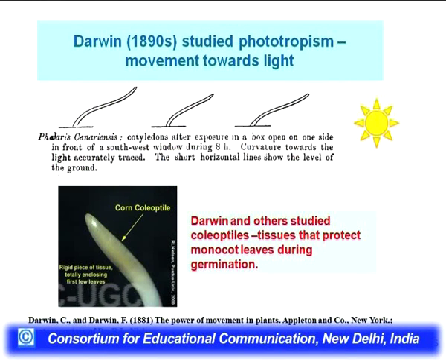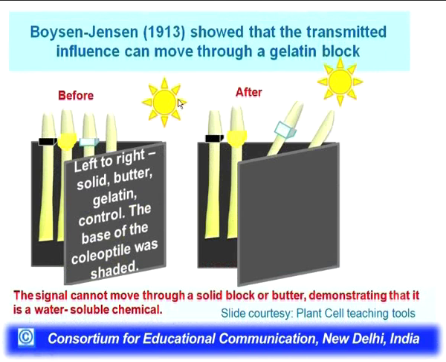I will just show you one or two slides as a recapitulation of my last class. Here are some of the slides where people have done experiments to show that the coleoptile bends towards light. This is the experiment I was talking about, where the coleoptile is bending towards the light.